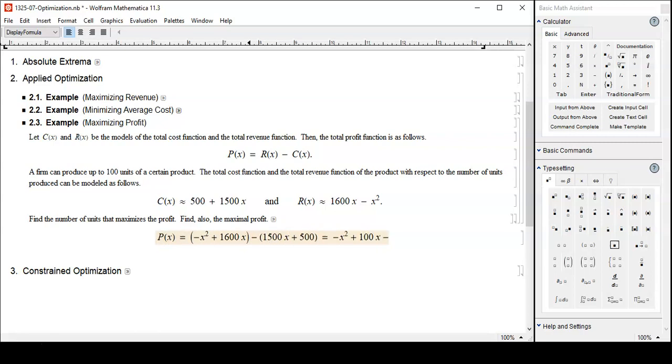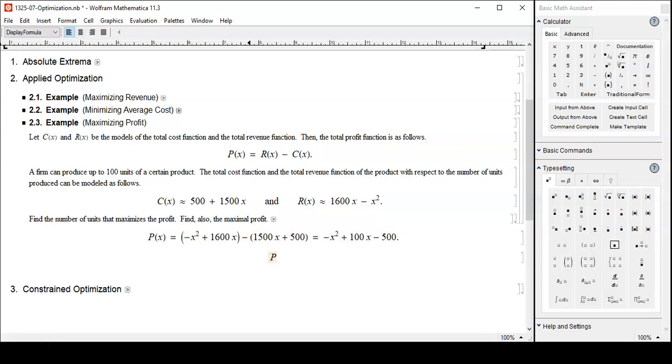And then minus 500. Okay, take the derivative, set it equal to 0, and you'll be able to find the horizontal tangent. Looks like that's it.